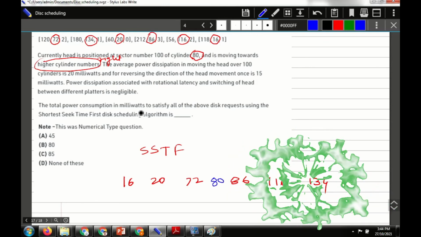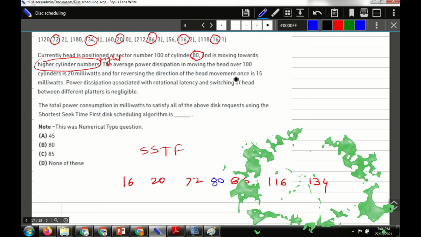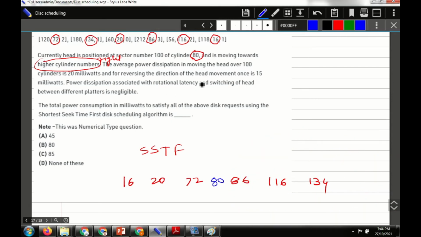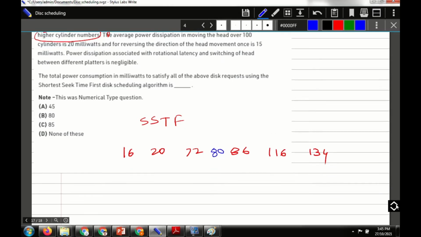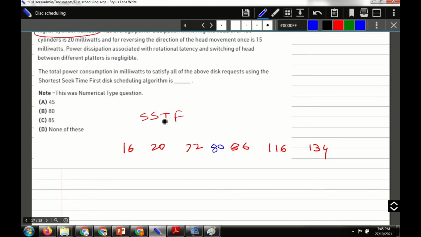They have asked for the power consumption. Calculating the power consumption depends on two entities. First is cylinder movement: for moving the head over 100 cylinders 20 milliwatts is required, and for reversing the direction 15 milliwatts is required. So first we will solve this according to the SSTF algorithm to calculate the total movement.